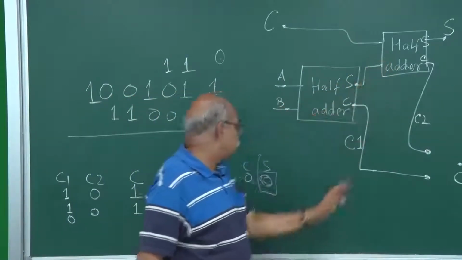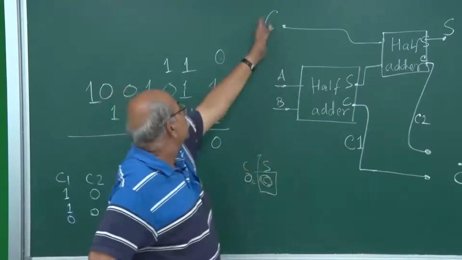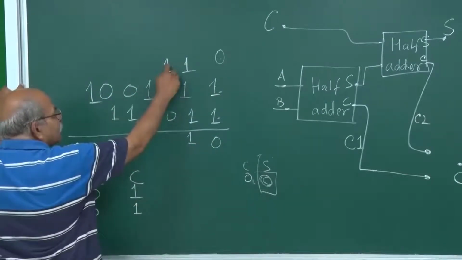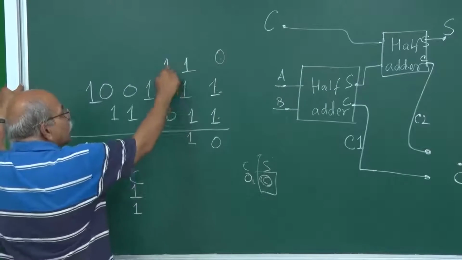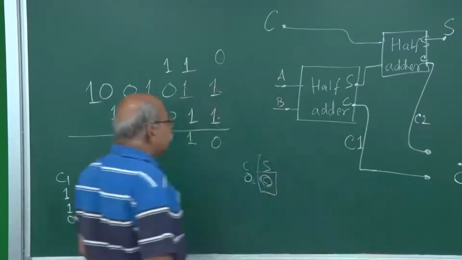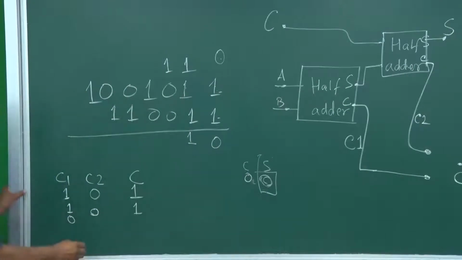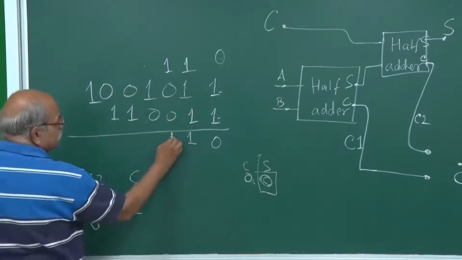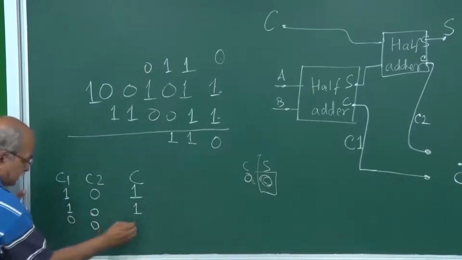The sum is 0, and the original carry is 1. 0 and 1, the carry will be 0. So this will be 0. And what is the final carry here? This will give you 1 and 0 carry. So it is 0.